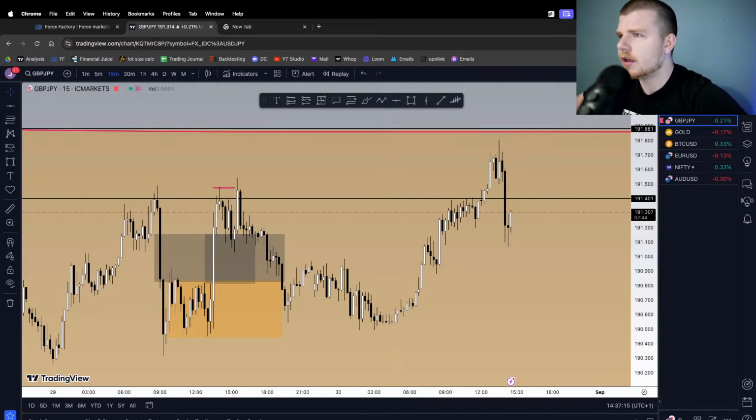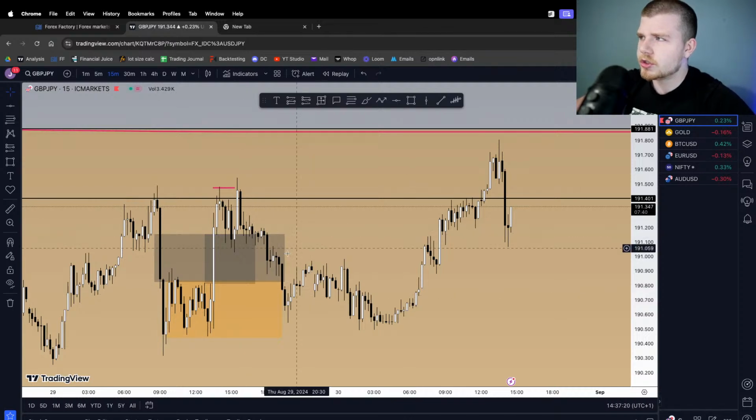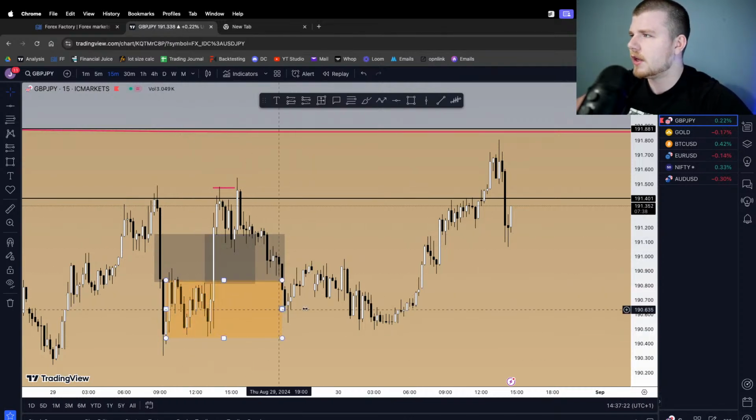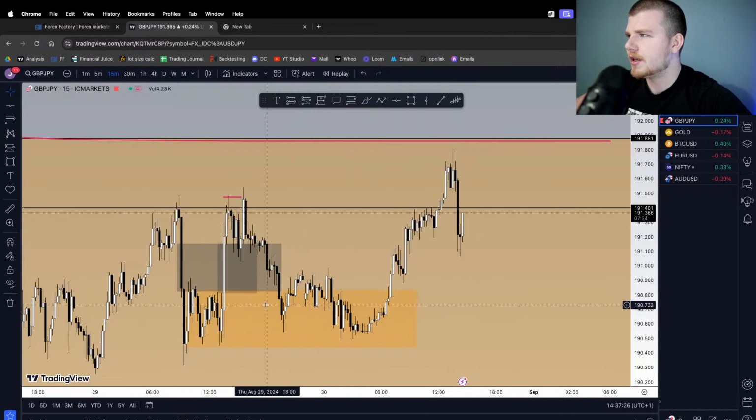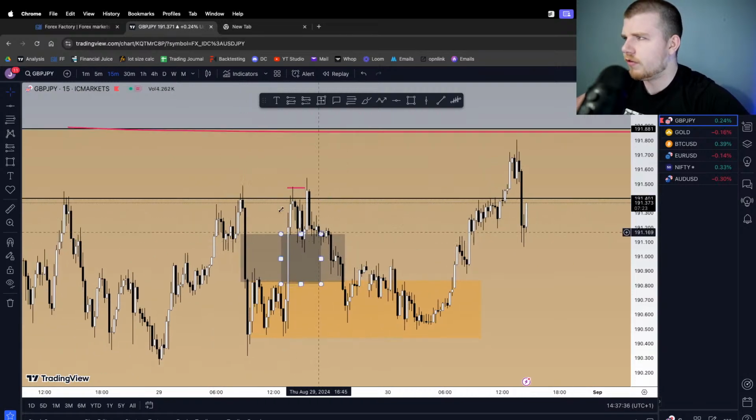But I think we did discuss price coming back to the accumulation range before continuing up. I did say that I wanted to see that first, but when we started breaking up above here was when I wanted to get in for my buy position. So we got in around about here somewhere. I can't really remember. It was around about here when we started respecting this fair value gap.